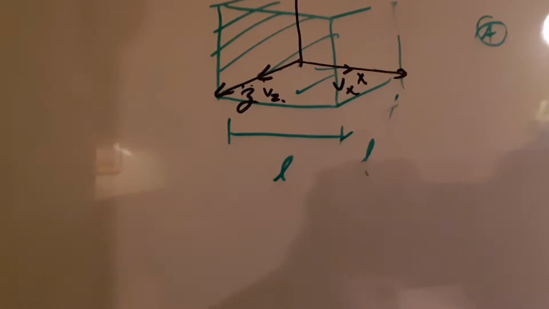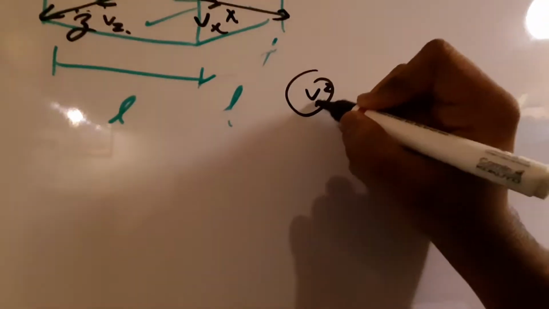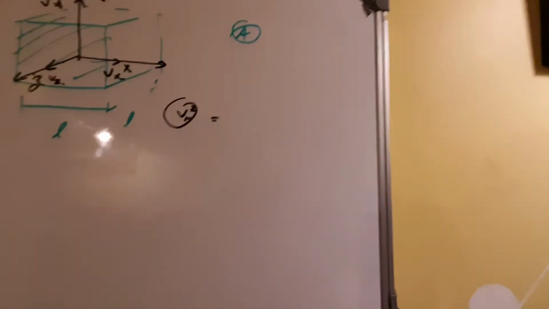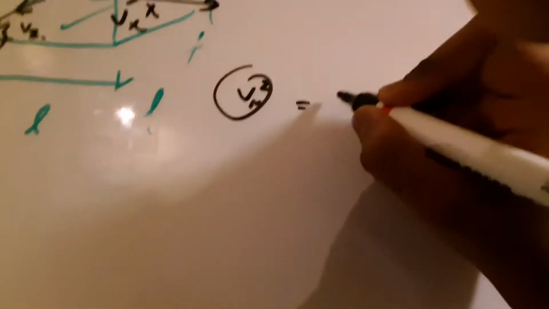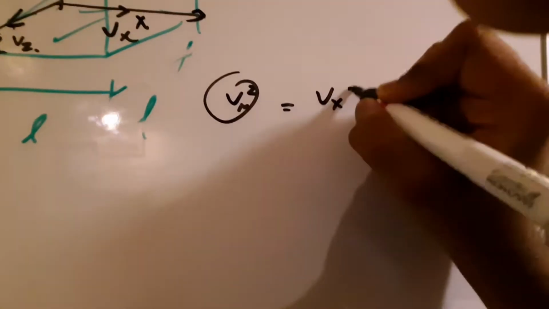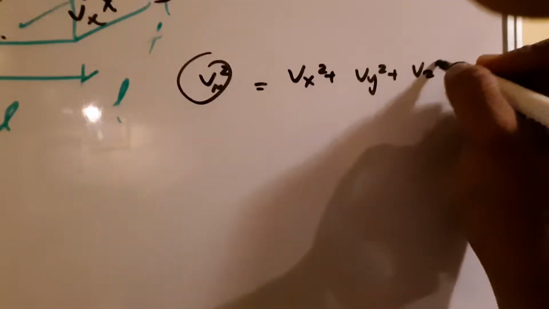Now let's keep one important concept in mind as a tool: V square, which is the net velocity, let me call it Vn square, will be equal to the sum of the squares of the velocities in each direction so considered, which can be written as Vx square plus Vy square plus Vz square. Correct.